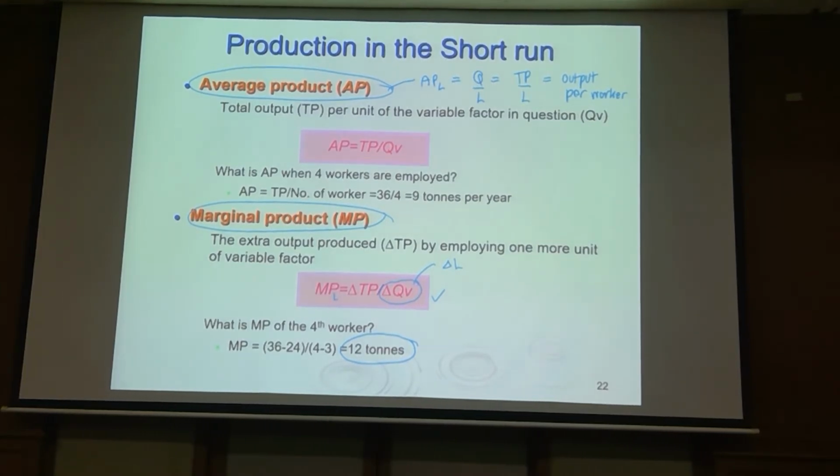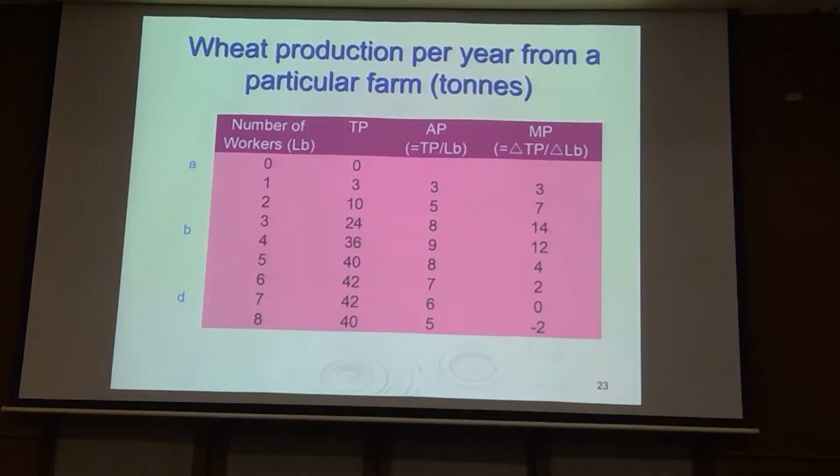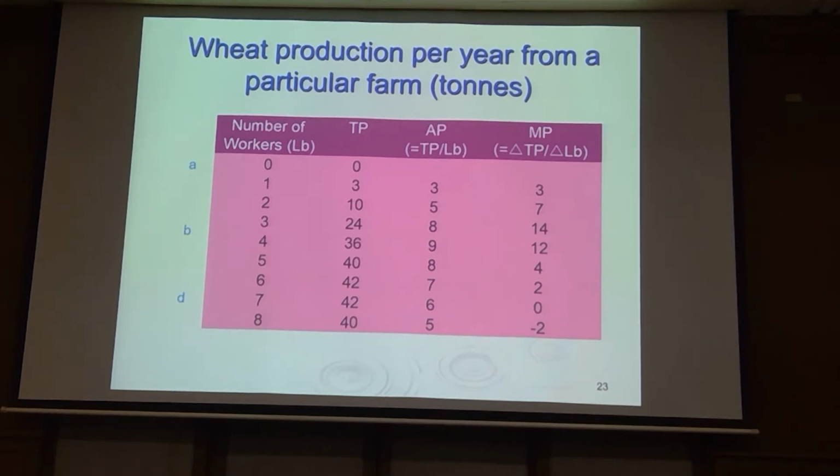Let's see how we calculate here based on the information. This is just the same information that we used to plot the graph on the previous page here. But here is the average product of labor. We already calculated the marginal product of labor, right? This is Q over L, because we can treat this one as Q, the same thing.